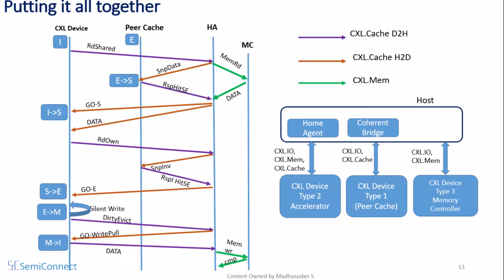So the home agent sends the snoop data on the H to D to this peer cache, and as a result, the peer cache puts that cache line in the shared state. It moves from exclusive state to shared state, and it sends the response back as response hit AC, which means this particular cache line got hit inside this peer cache, and it has transitioned to the shared state.